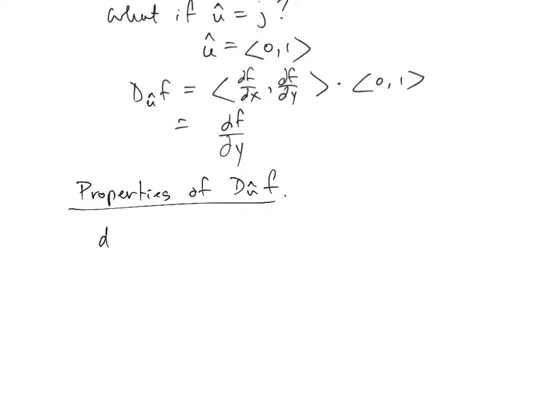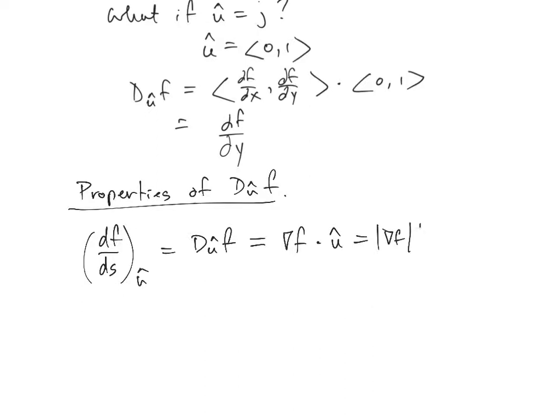It's a dot product. So this df/ds in the direction of û, or D_û f, is equal to the gradient vector dot this unit vector. Well, we know a dot product is just the magnitude of the one vector times the magnitude of the second vector times the cos of the angle between those two vectors. Definition of the dot product.